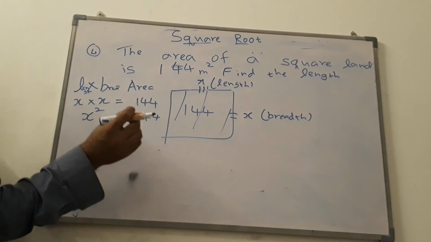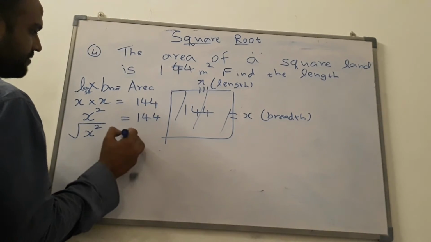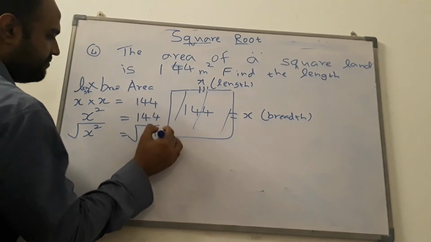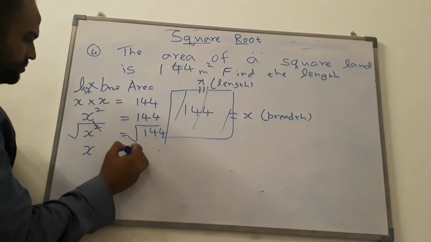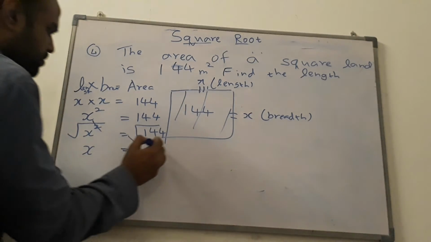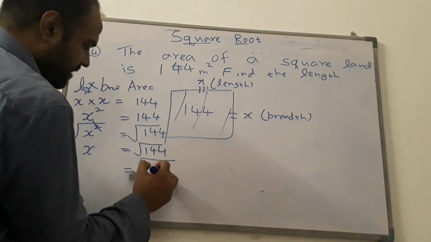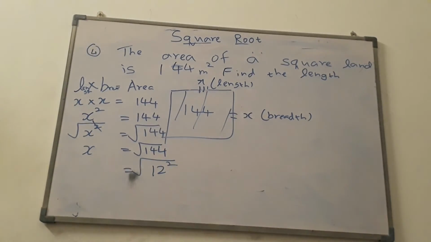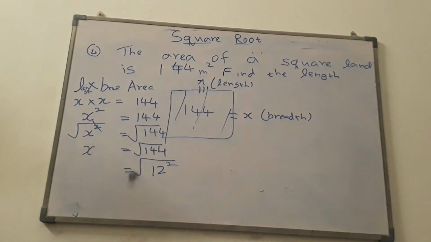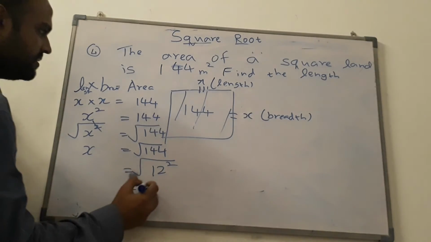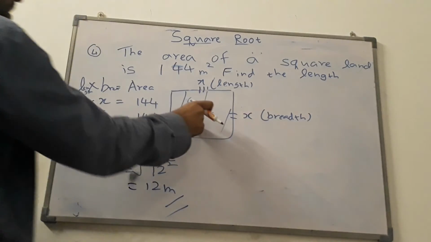Now we have to find the square root of x square. Hence square root of x square is equal to square root of 144. So x is equal to square root of 144. 144 means 12 square, 12 times 12. So the answer here is 12 meters.